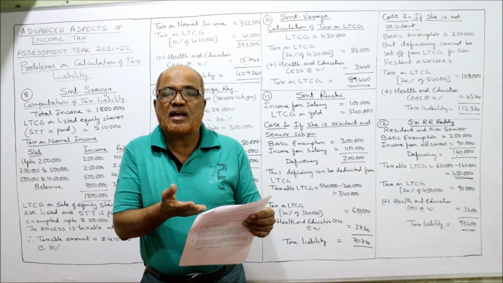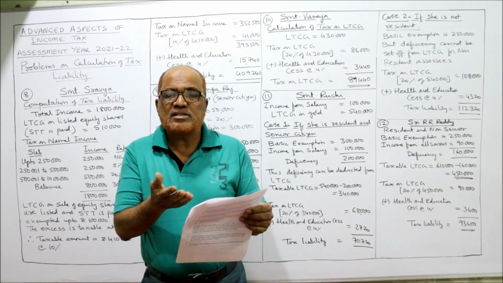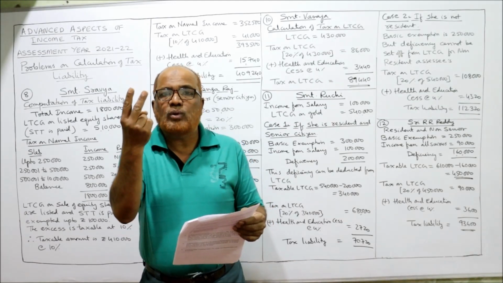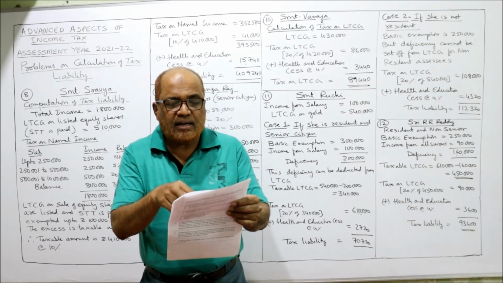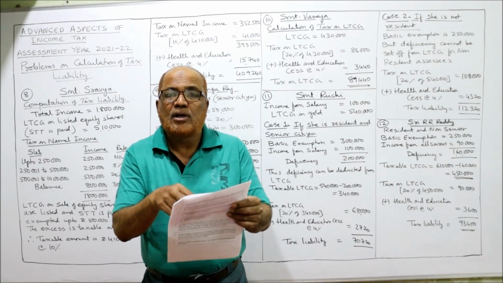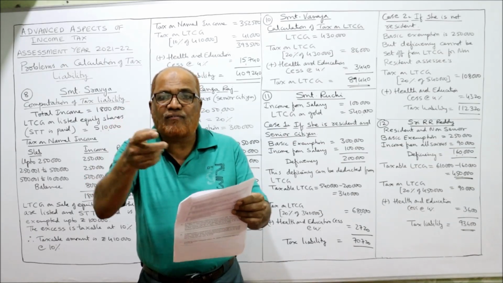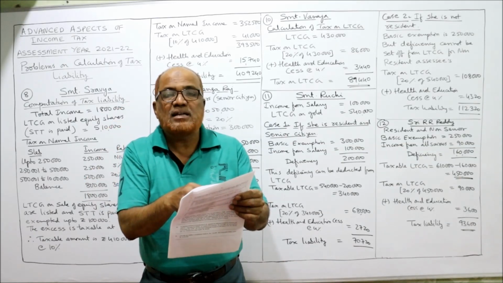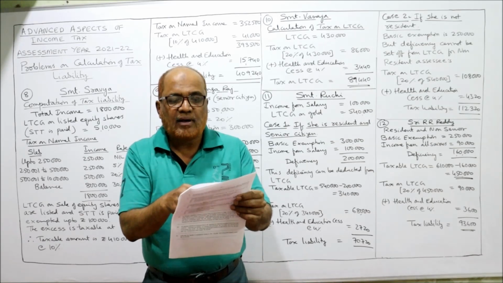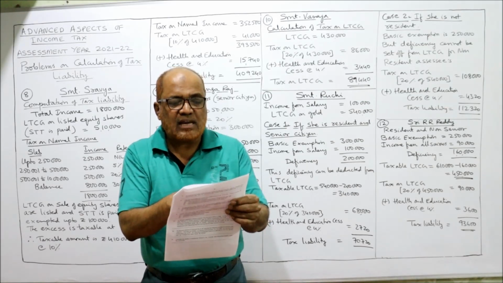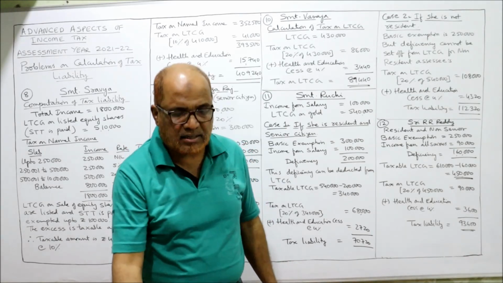So a deficiency is arising. She is having deficiency. Basic exemption limit 2,50,000 and income from all heads is only 90,000. So whatever deficiency she gets, that can be set off from LTCG. How much is the LTCG? 6,10,000. Determine the nature of income and tax liability for the current assessment year.